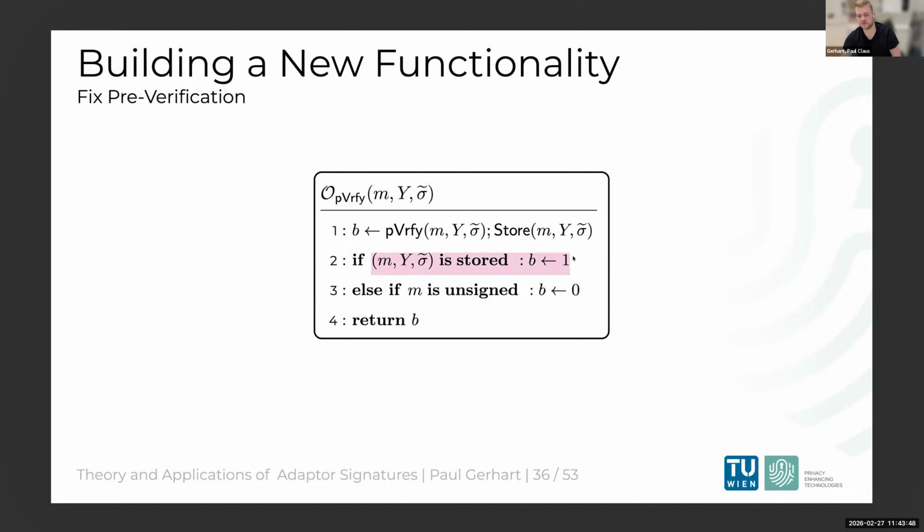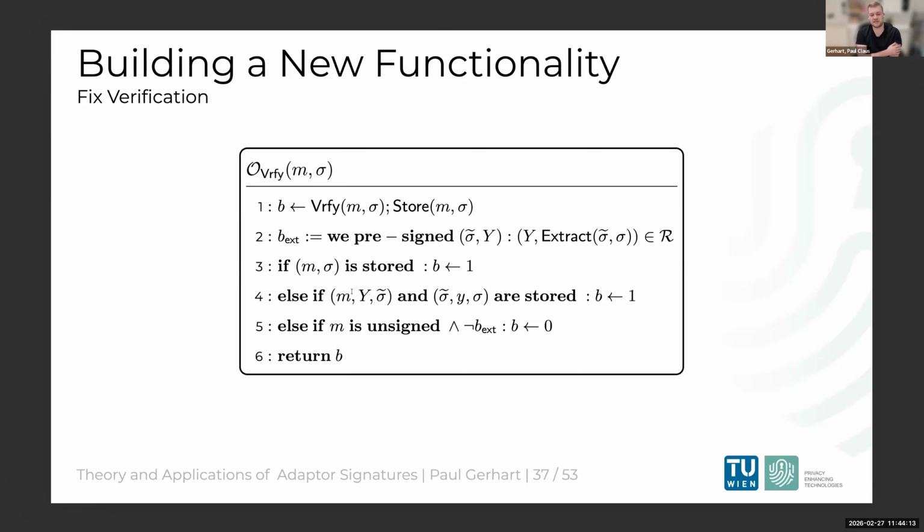In this case, we return 1. This is again completeness. And then we look only if M is unsigned. Important here, it's not pre-signed, which would be like in the first functionality, but we only consider if it's signed or not. And if it's unsigned, we return b equals 0. Looking ahead, this will enable us to do extractability. Otherwise, we return b.